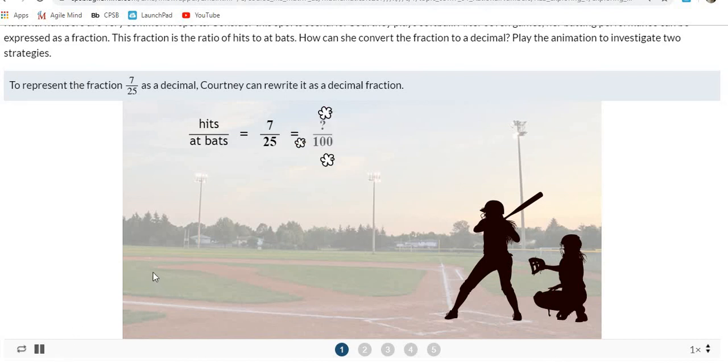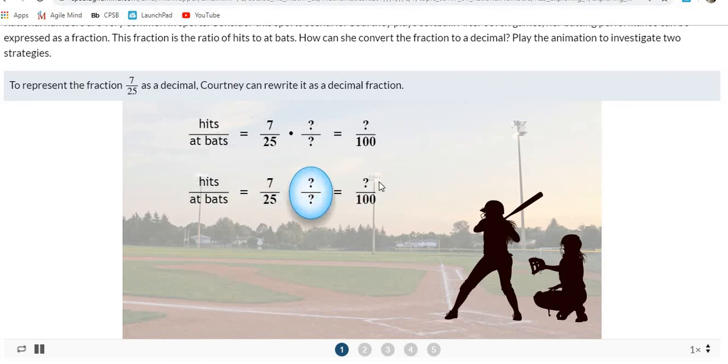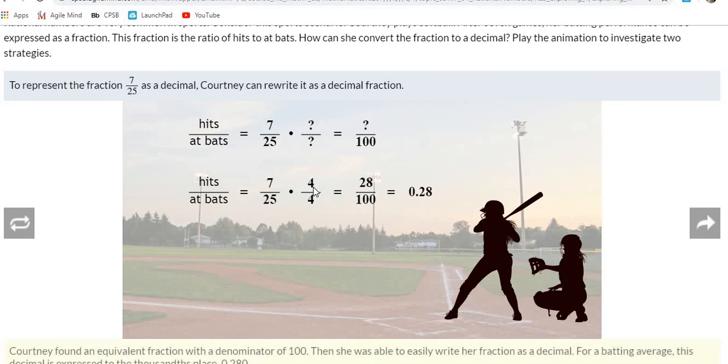So Courtney says, well, I know a decimal can be over 100. So she knew 25 times 4 gave her 100. So she multiplied her numerator times 4 and got 28. And anything over 100, the 28, is in the hundredths place.